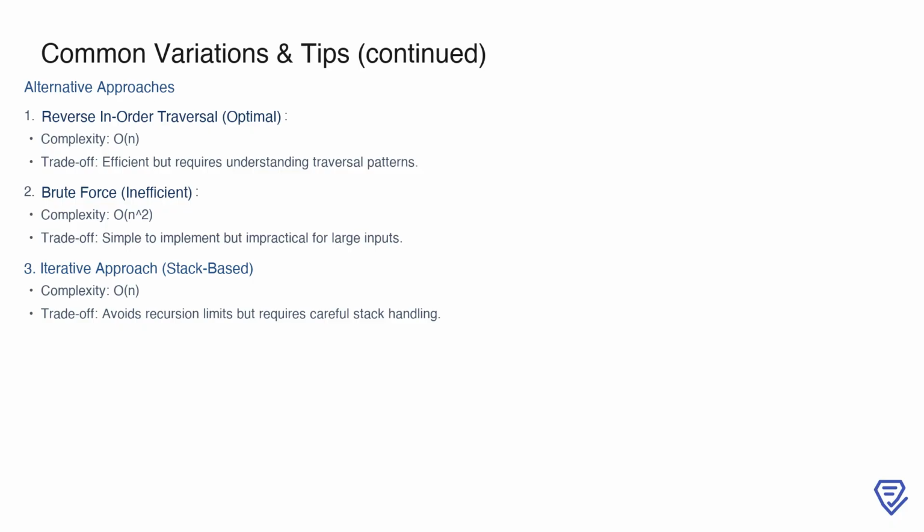While simple to implement, this method is highly inefficient with a time complexity of O(n squared), making it unsuitable for larger inputs. For those concerned about recursion limits, an iterative approach using a stack is a good alternative. It also achieves O(n) complexity but requires careful stack management to ensure correctness. Each of these methods has its own trade-offs, so understanding their strengths and weaknesses will help you choose the best approach based on the problem requirements and constraints.